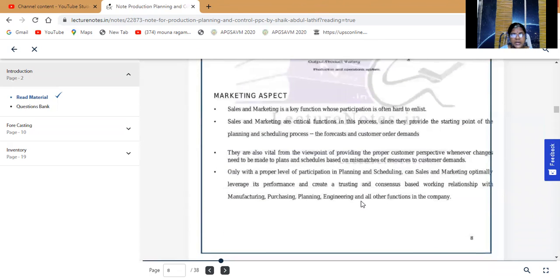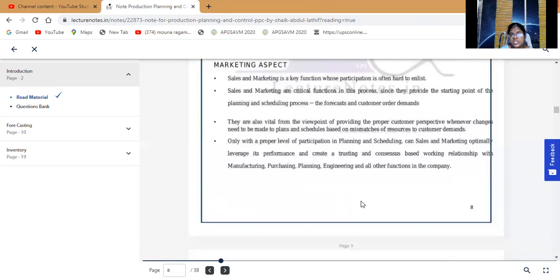Now the marketing aspect. Sales and marketing is a key function whose participation is often hard to analyze. Sales and marketing are critical functions in this process, and since they provide the starting point of the planning and scheduling process, the forecast and customer orders demand, that is all the marketing aspect. They are also vital for providing the proper customer perspective whenever changes need to be made to plans and schedules based on mismatches of resources to customer demands.